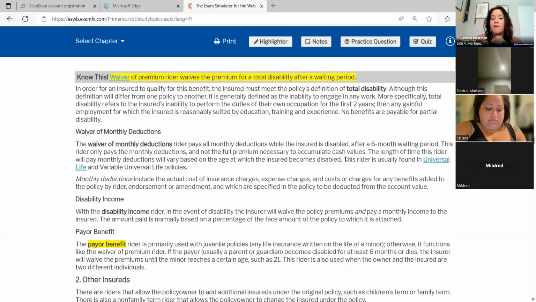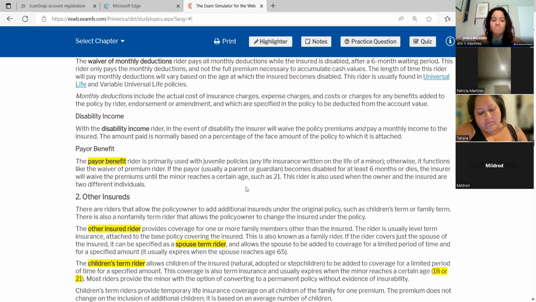So if we remember, what type of policies have monthly deductions and fees? Usually the ones with cash value. And this rider is usually found on the universal life policy. Monthly deductions include the actual cost of insurance charges, expense charges, and charges for any benefits added to the policy by rider.